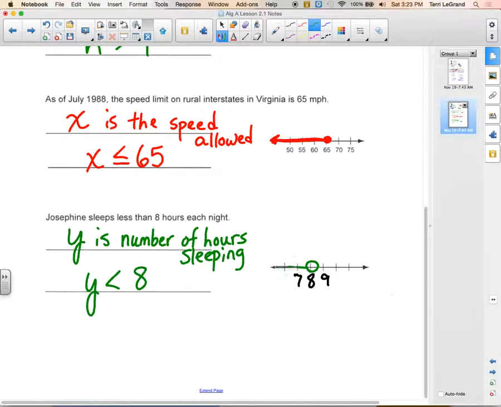And we're going to shade all of the numbers headed to the left of that to show it is less than 8. And again, this one really would have a restriction because it would eventually get into negative territory and we don't have negative hours of sleep. But for now, we'll just leave it like this until we get into solving.